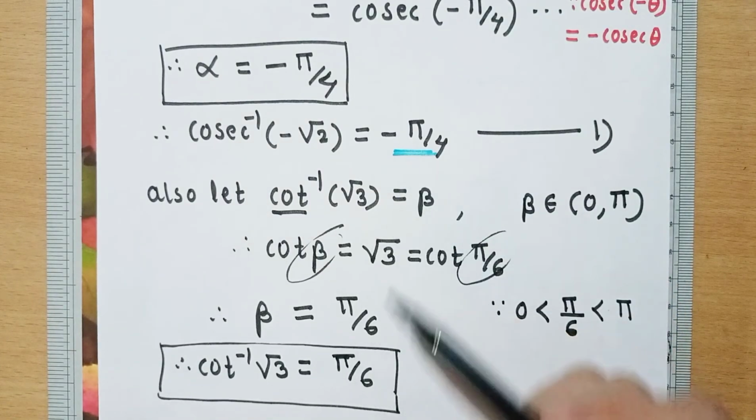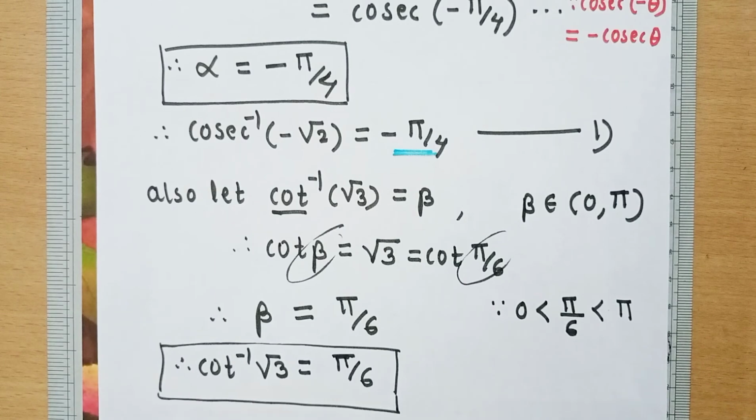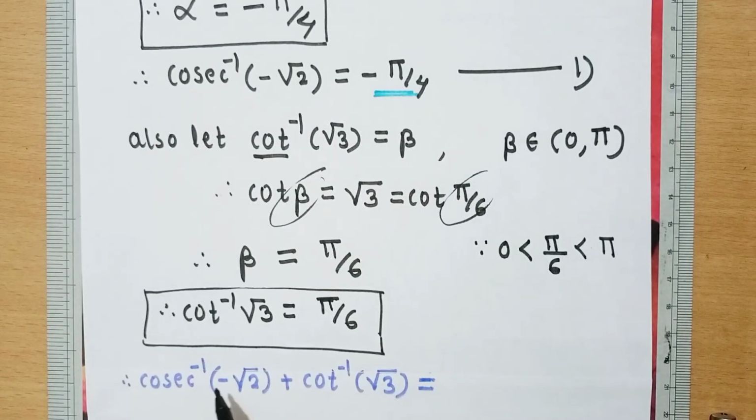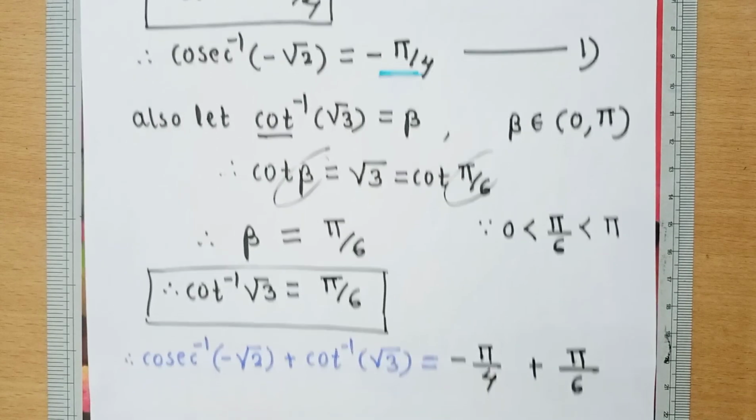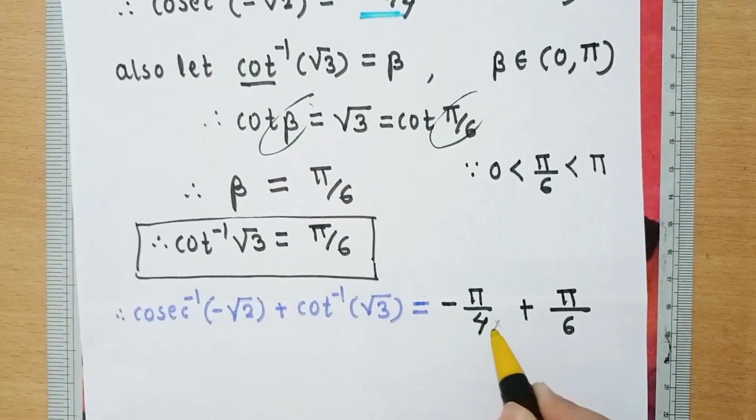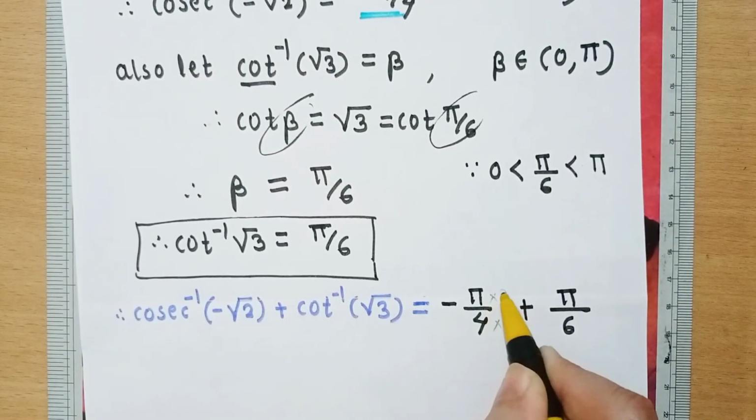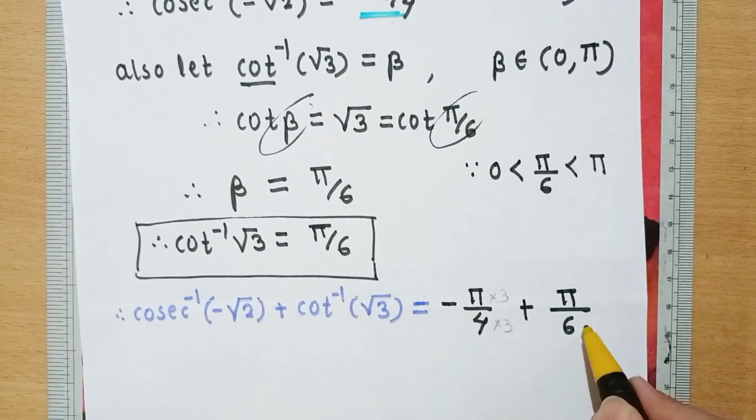Substitute these two values in our given function. So we have cosec inverse of minus root 2 is minus pi by 4, and this is pi by 6. Now here make the denominators the same. So we will multiply the numerator and denominator by 3, and here we will multiply by 2.